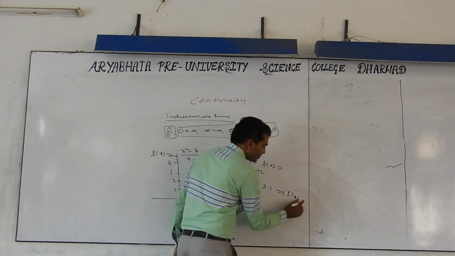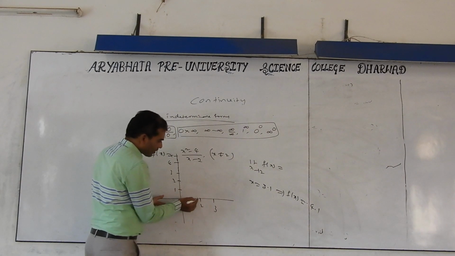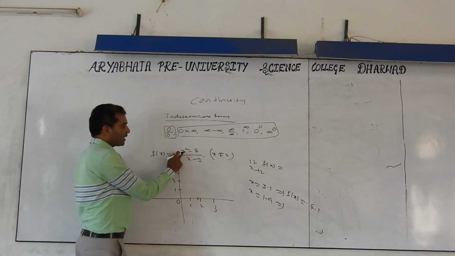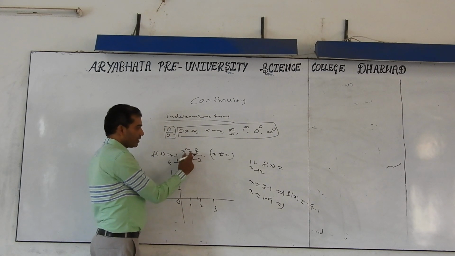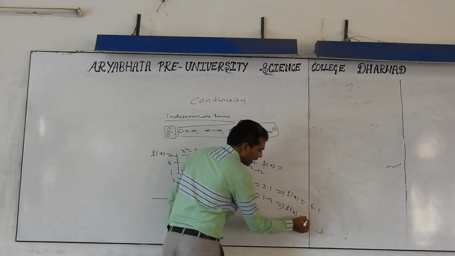4.1 units. Next, if you take the left neighborhood of 2, 1.9, substitute here: 1.9 whole square minus 4 by 1.9 minus 2, we'll get f of x equal to 3.9.